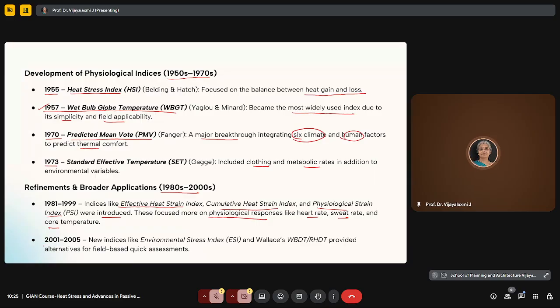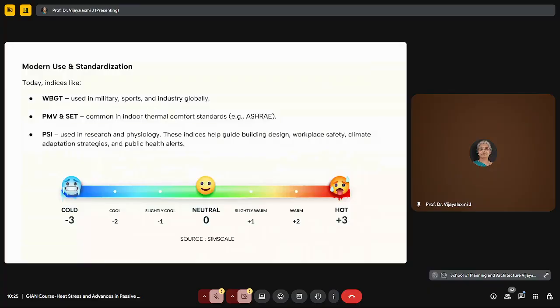Now, in the past 20 years, new indices like the environmental stress index and Wallace's wet bulb dry temperature provided alternatives for field-based quick assessments. You can have meters, place them, and without any computation, get the values.